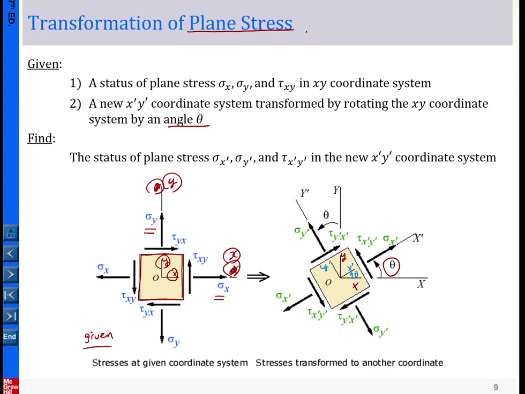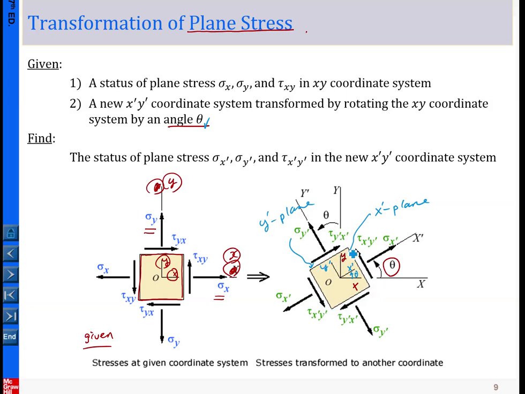In terms of the new coordinate system, you pick this as the x prime plane, that is, the normal to the x prime direction, and this is the y prime plane. Using the x prime and y prime planes, you form a stress element.